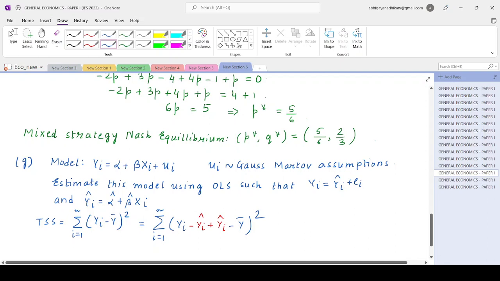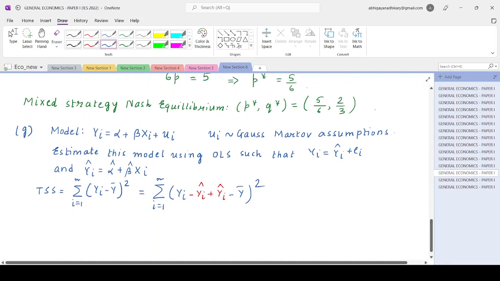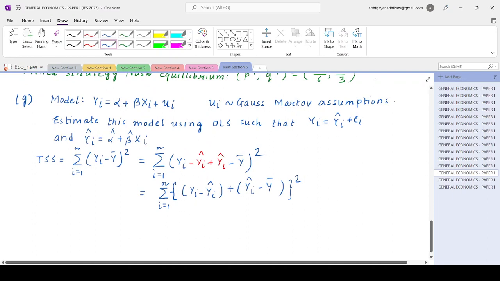I'm going to group the first two terms together, yi minus yi hat together and yi hat minus y bar together, then whole square, and then we can expand.